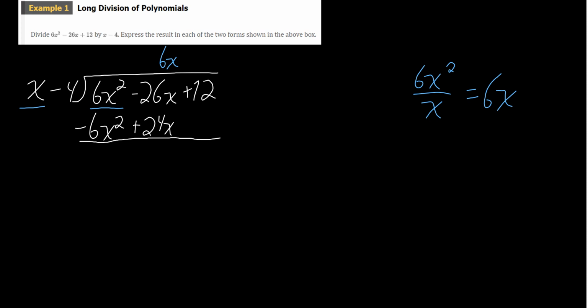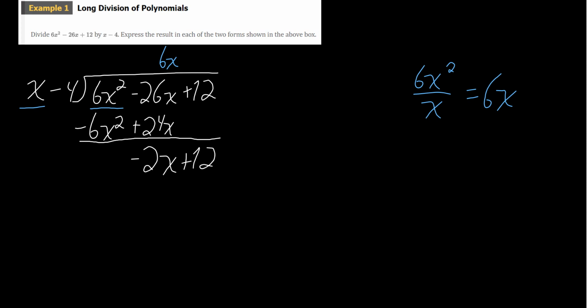Then I'm going to do that arithmetic. Well, 6x squared minus 6x squared, well, that's 0, right? And that's what I'm looking for. If you get anything other than a 0 in this spot, you did it wrong, 100%. So I want that to be a 0. Now going over here, I've got a negative 26x and a positive 24x, so I've got a minus 2x, and then I've got a plus 12.